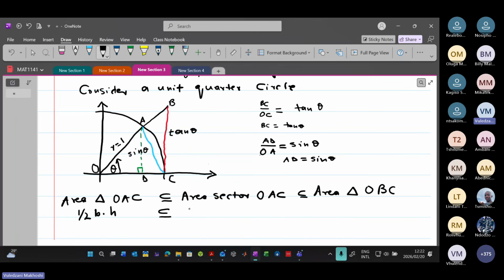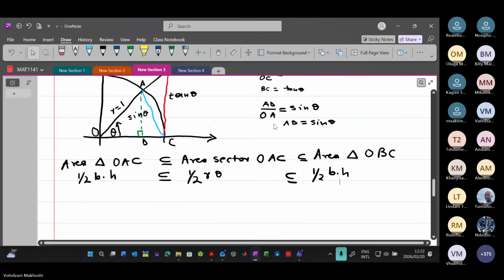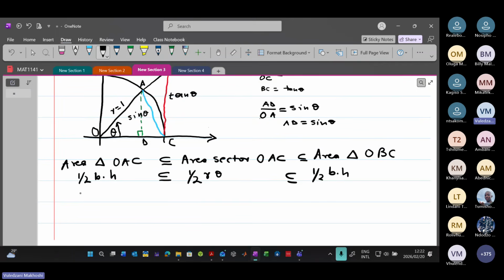The sector area is a half r squared theta.